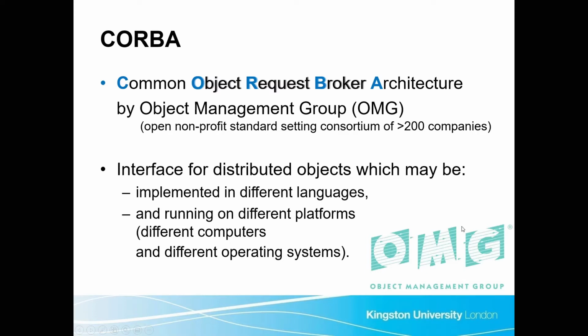This standard was introduced in 1991, which makes it historically the oldest, the first standard of that kind. CORBA is an interface for distributed objects, which may be implemented in different languages, so it's language independent, and running on different platforms, different computers, and different operating systems.